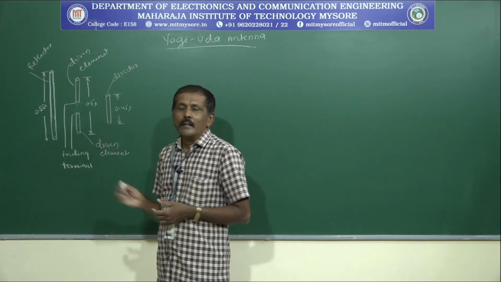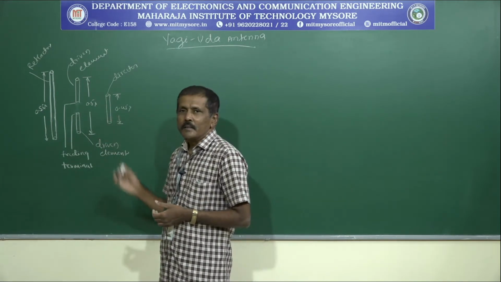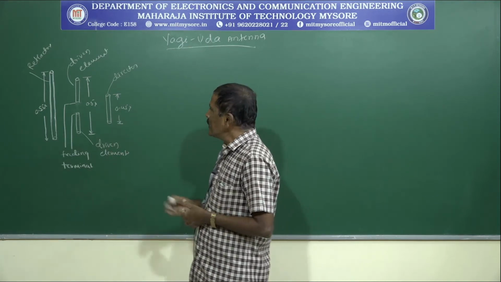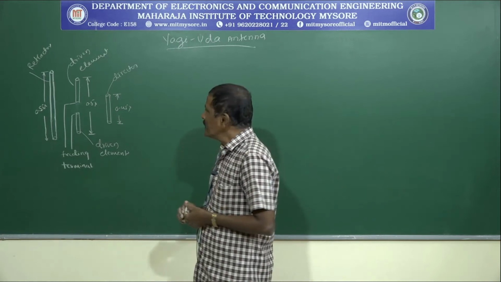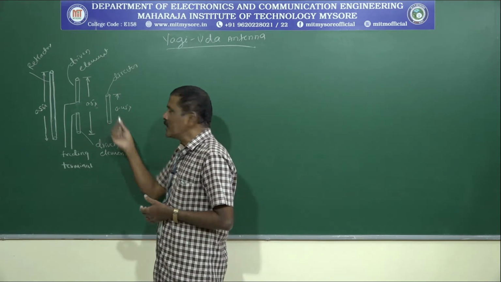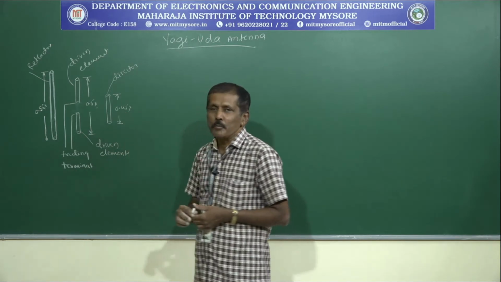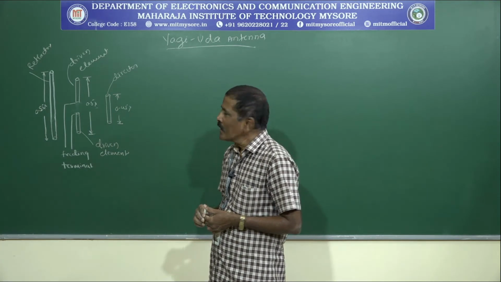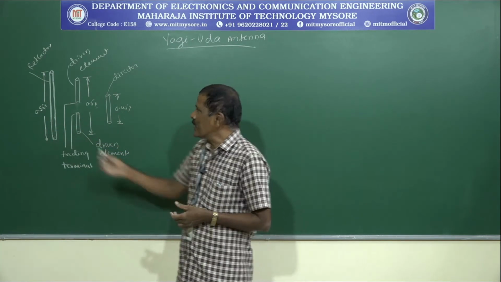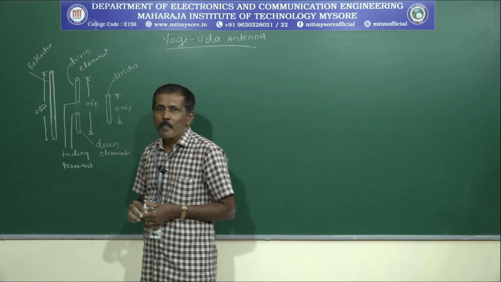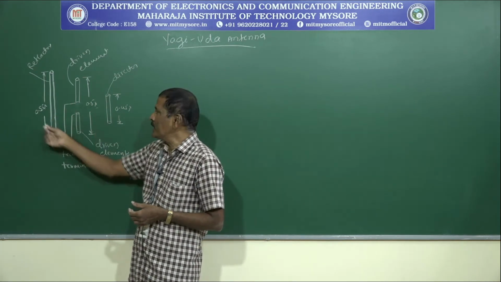The parasitic element which is kept at the front side of this driven element is called a director, which has a length 5% less than the driven element, so that value is equal to 0.45 lambda. The parasitic element which is kept at the back side of this driven element is called a reflector, which has a length 5% more than this driven element.